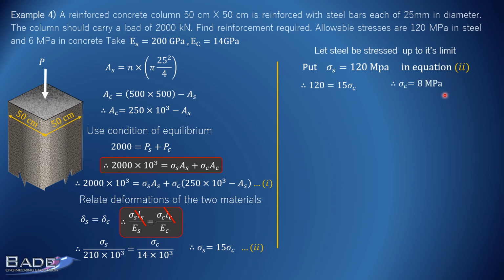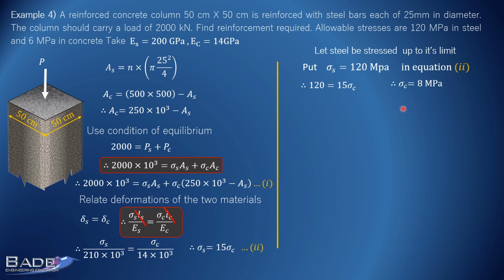So sigma c is equal to 8 megapascal. So if you allow steel to be stressed up to its limit, that is, in this column, if stress in steel is 120 megapascal, then stress in concrete will be 8 megapascal. And stress in concrete exceeds the limit. It is dangerous. It must not happen. Stress in concrete must remain 6 or less than 6.